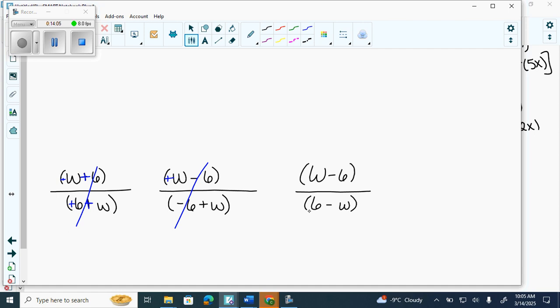They're the same, but what? The signs are different. So I could fix this by doing what? Take a negative 1 out of one of them. Often the numerator is easier because it sits up here. You guys like it up here better? So this would be a negative w, positive 6. And now do they match? Negative w, positive 6, then they can cancel. So you see the difference between what is actually the same and what is different? Okay.